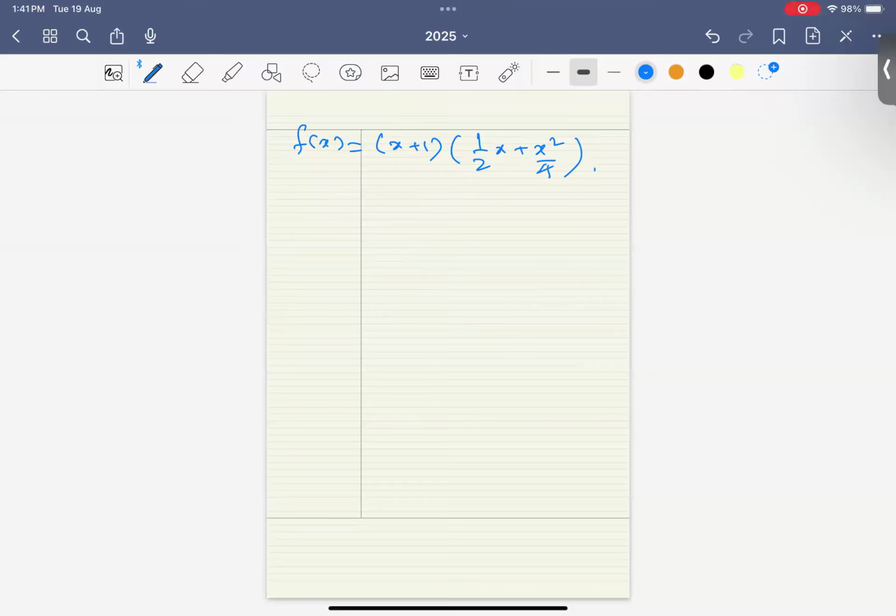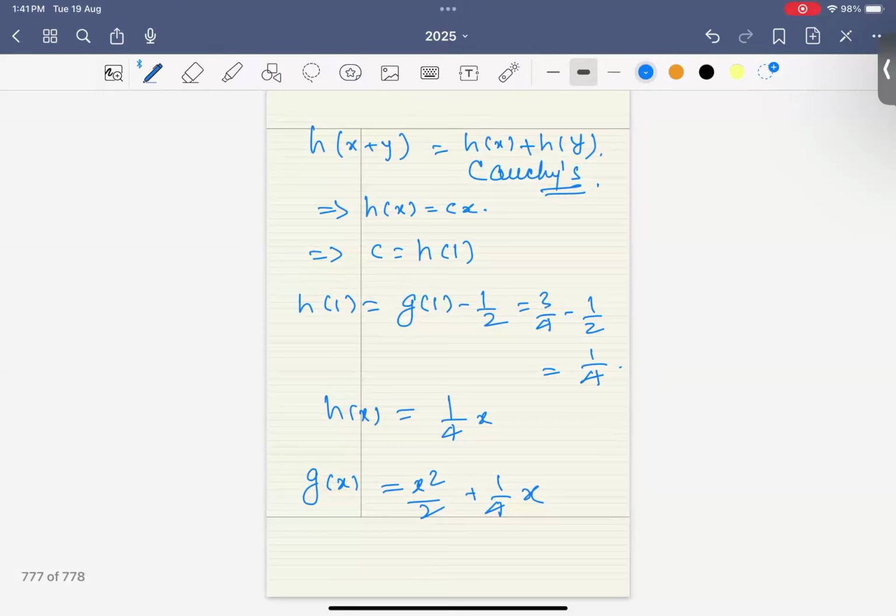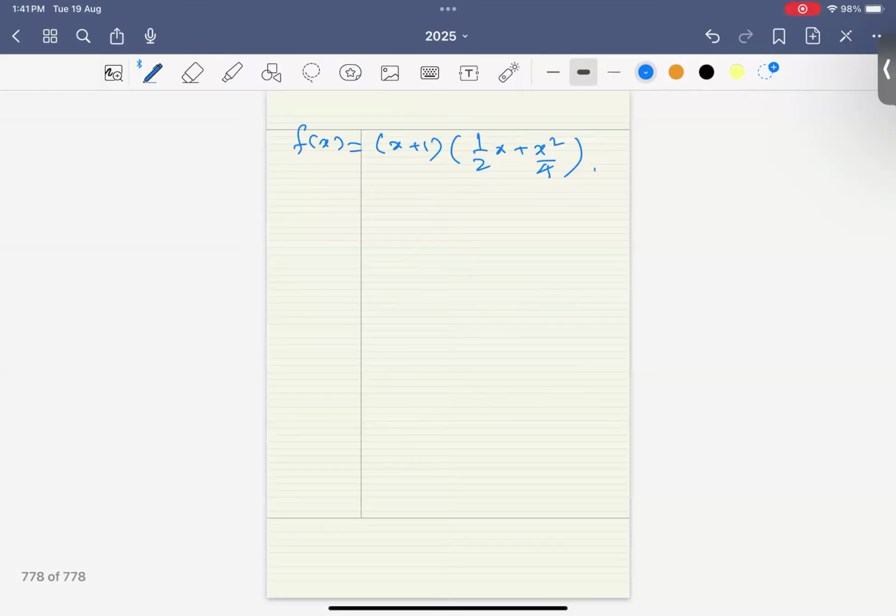So that's what you eventually get. Something like that. x squared by 2, in fact. So I just did it the other way around. So it should be x squared by 2 and that.